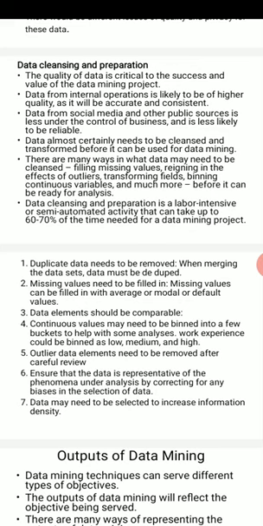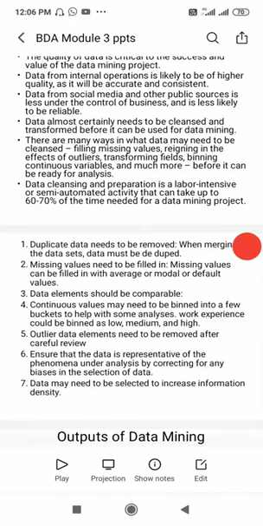So ensure that missing values are filled, data is comparable, continuous values are binned, and outlier data elements are removed after careful review.